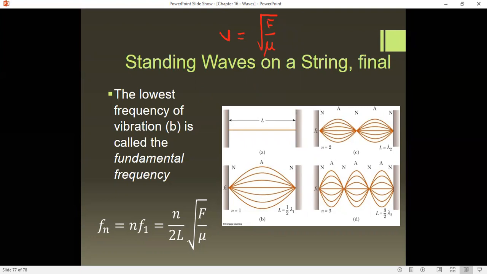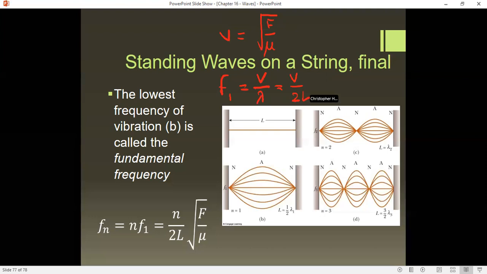So for our first frequency, or fundamental frequency, that will be equal to the velocity divided by the wavelength. Now, the wavelength for the fundamental is 2L.